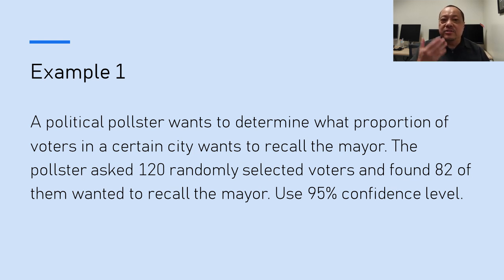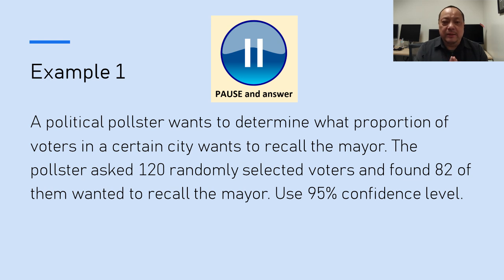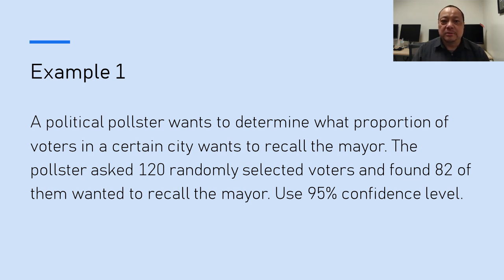Is this a confidence interval question or a hypothesis testing question? Is it CI or is it HT? Press pause and think about it. In fact, for all questions in this video, you should press pause and try answering before moving on. All right, ready? This is a CI question because we have the confidence level that's given. That makes it a CI question, no doubt.